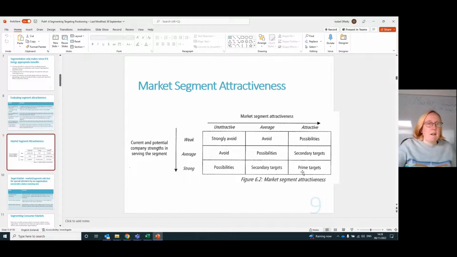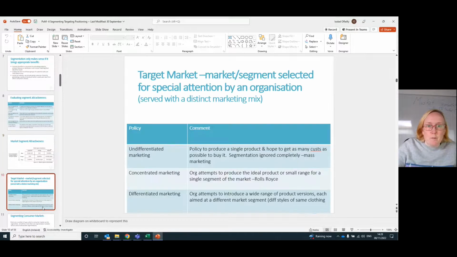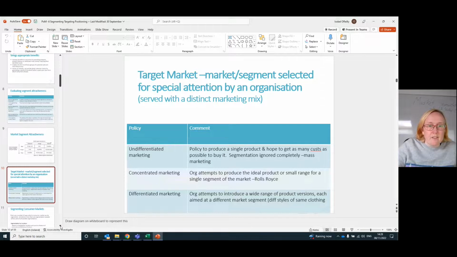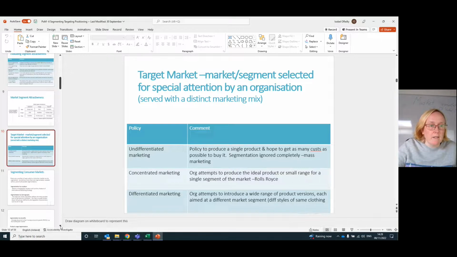So the prime target that we should start with, if we're looking for a single segment to start with, would be the segment that is attractive for various reasons, and we know our ability to serve that market is strong. So we moved on to looking at differentiated versus concentrated and undifferentiated markets and so on.